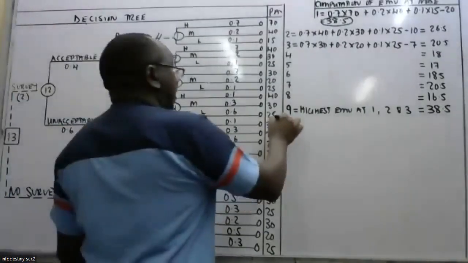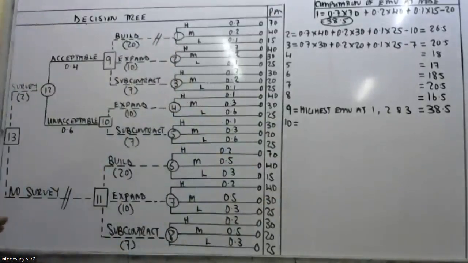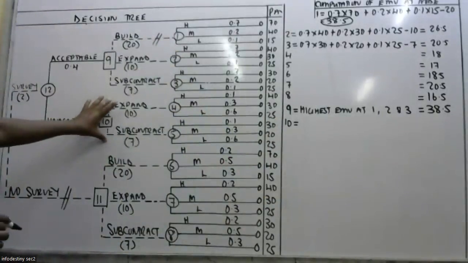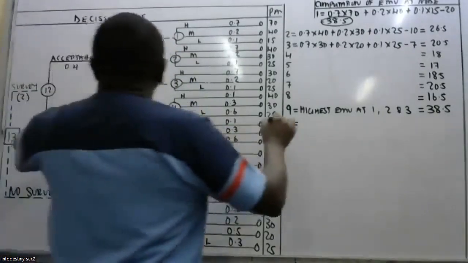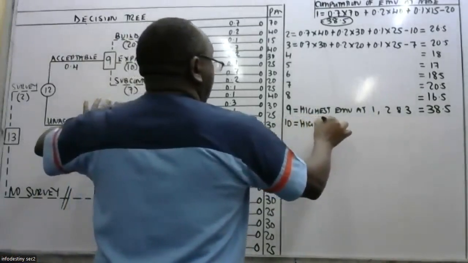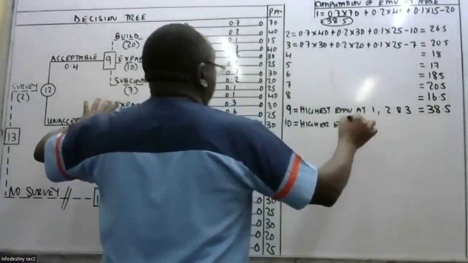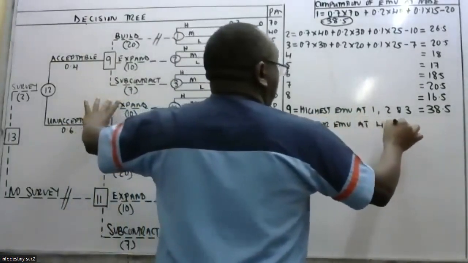We go to number 10. Number 10, we do the same thing. You can see there are 2 lines that are moving out here. So we are going to take the higher EMV at where those 2 lines are going. That is 4 and 5.